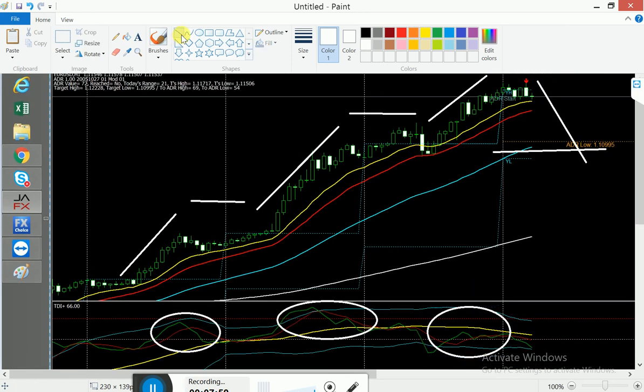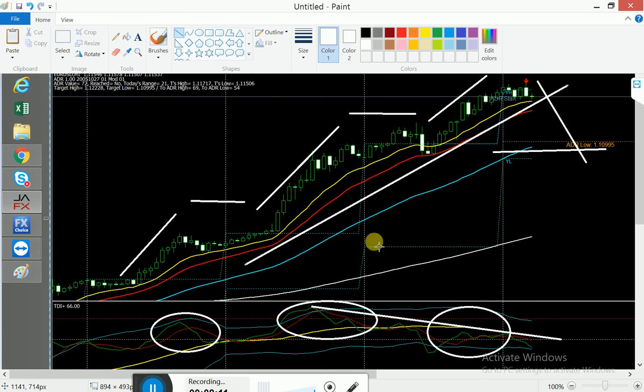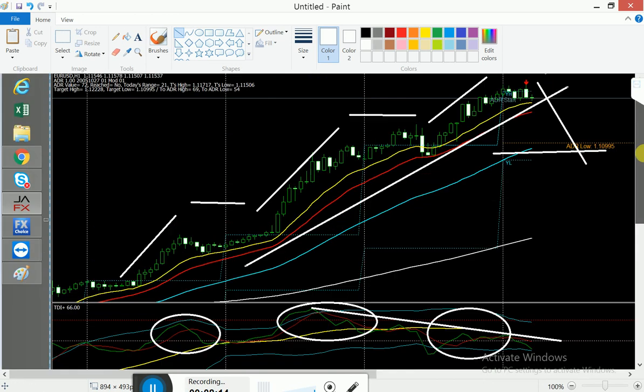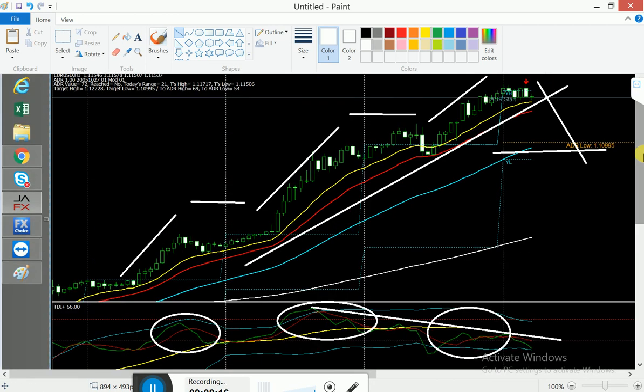Divergence. Divergence on the TDI. That is why I mentioned the other day we should have a pretty big sell-off here on the Euro USD for the next couple weeks after that.